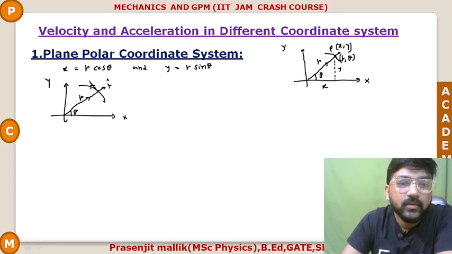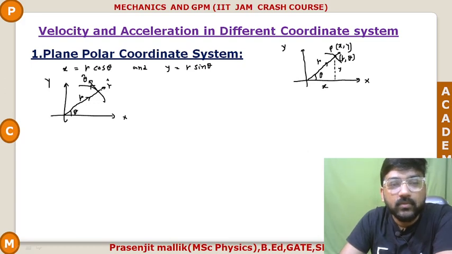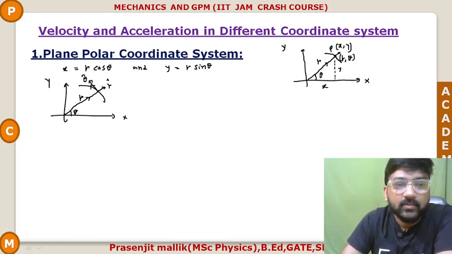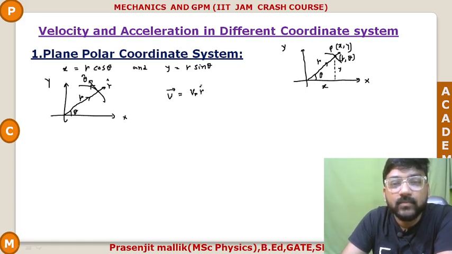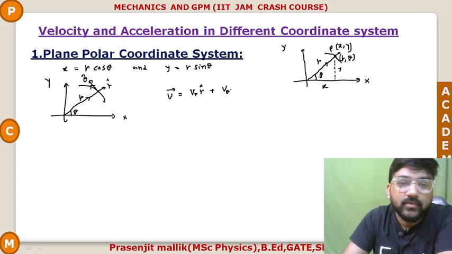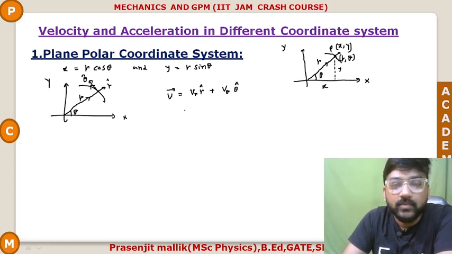So the velocity has 2 components, one along r cap and another along theta cap. The velocity v can be written as v r r cap plus v theta theta cap, where v r is r dot, that means dr by dt, so v equals r dot r cap plus r theta dot theta cap. Theta dot means d theta by dt.